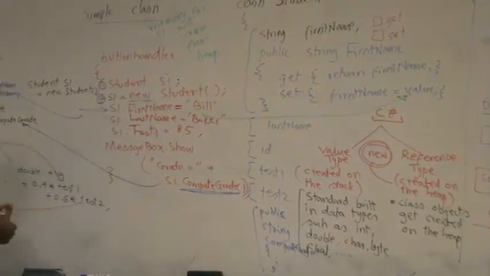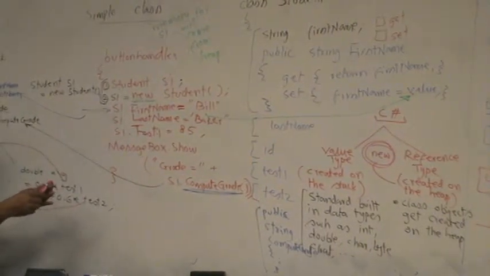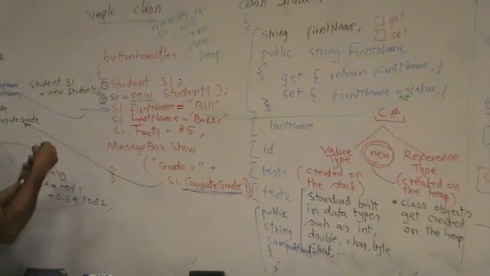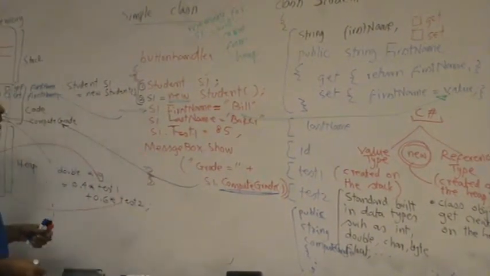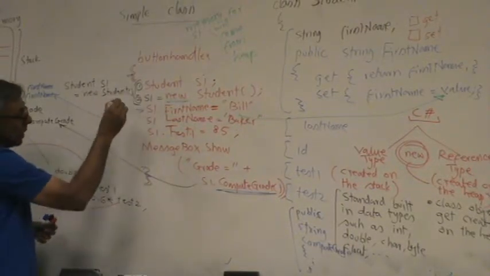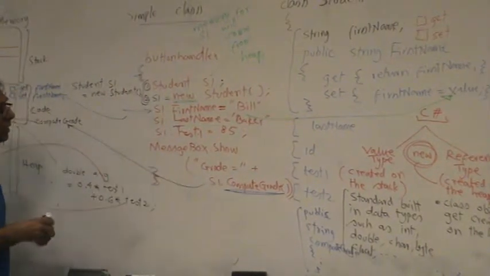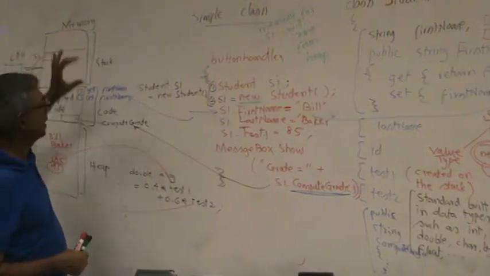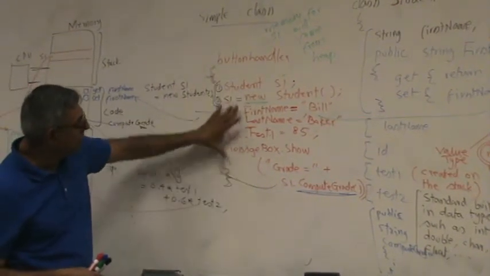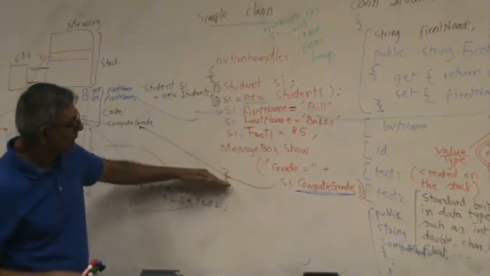Okay, so now let's take a look over here. Suppose this code was written in the button handler, right? As we discussed, as soon as the function ends, what do we lose? We lose whatever was created in the stack. So what will we lose? S1.